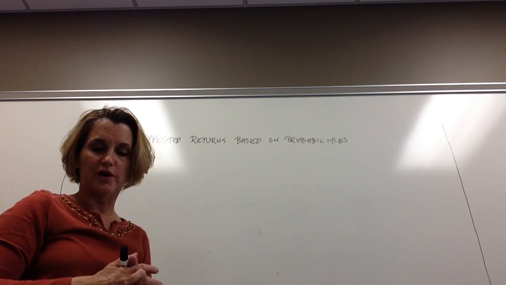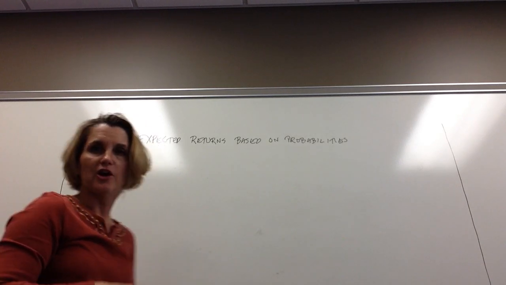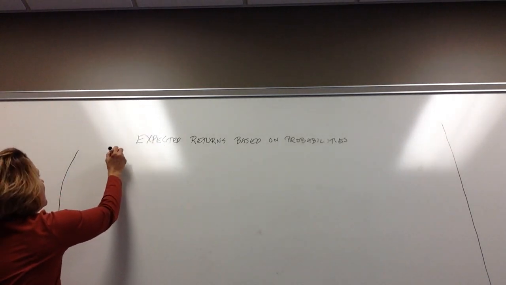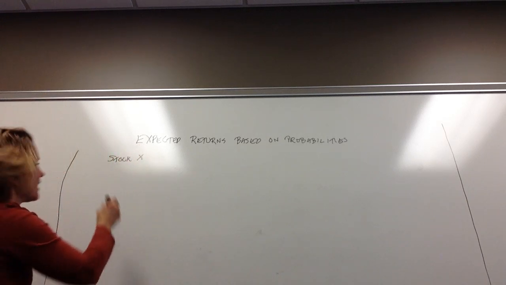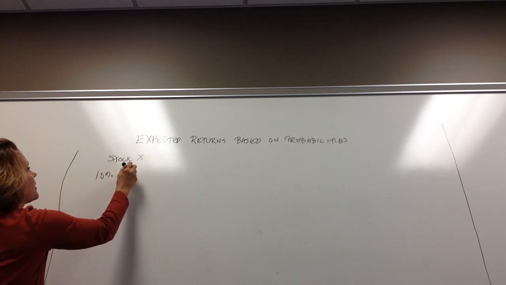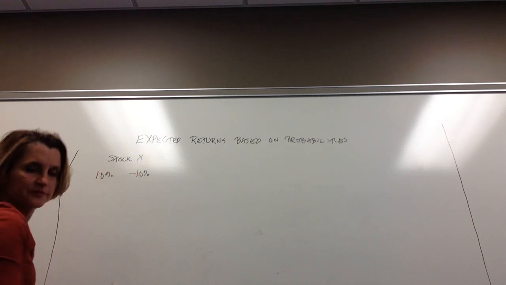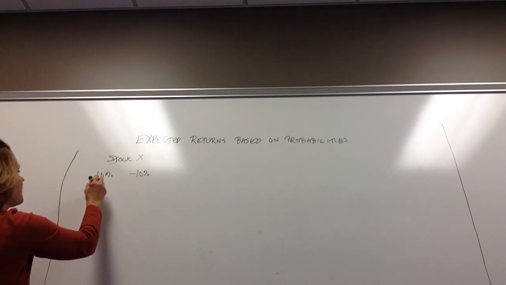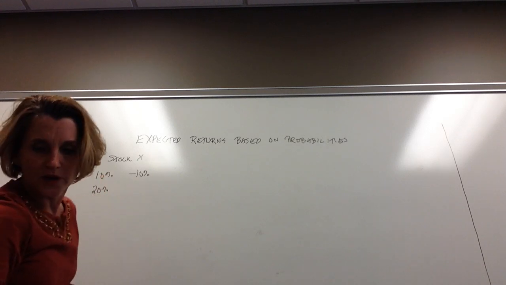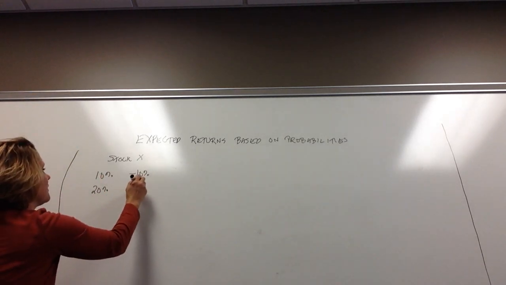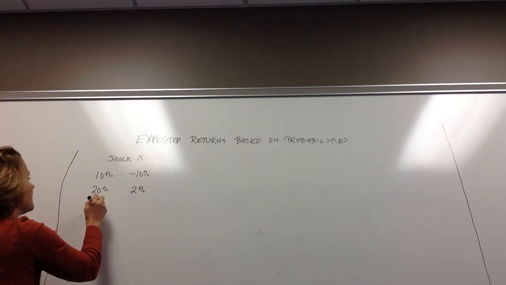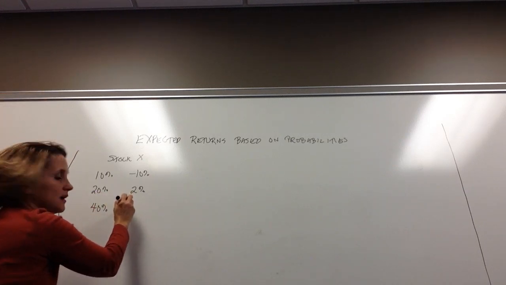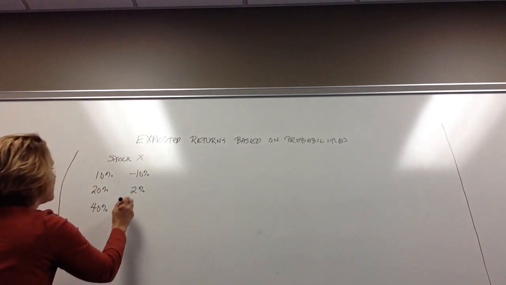With this scenario, we have stock X, and there is a 10% probability that we're going to lose 10%. There is a 20% probability that we are going to make 2%. Then there is a 40% probability that we're going to make 12%.